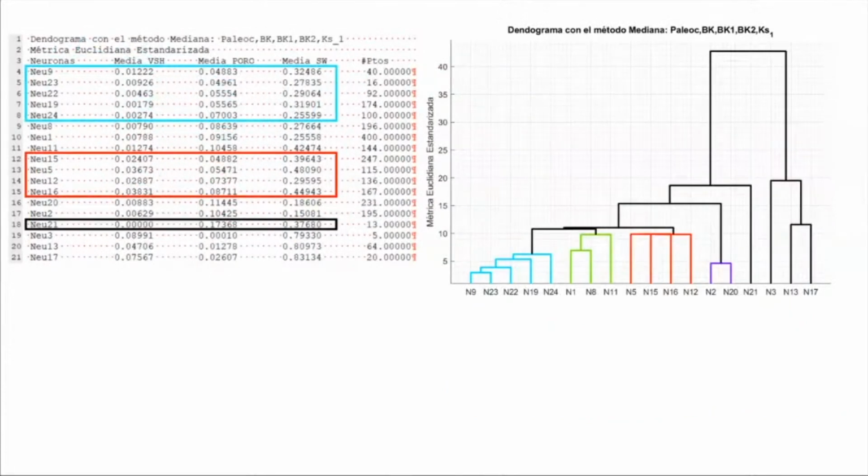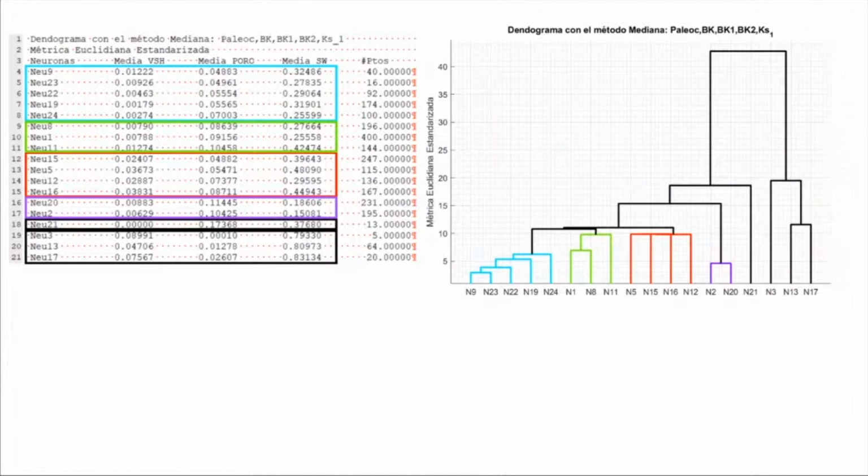We ran a second cluster analysis, but this was conducted using 3 petrophysical properties. They are V shale, porosity, and water saturation. And we found 6 different groups.